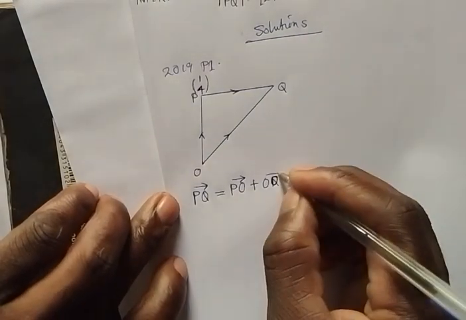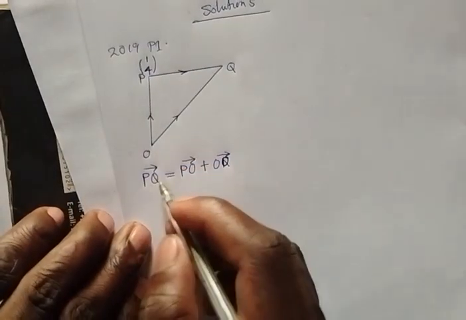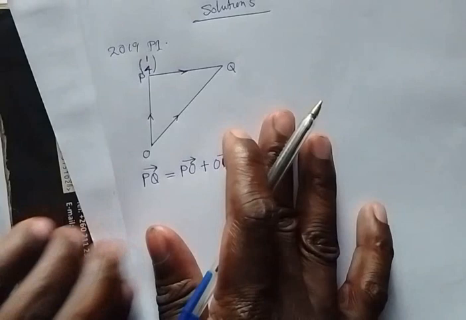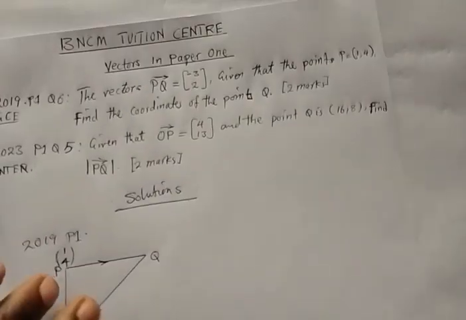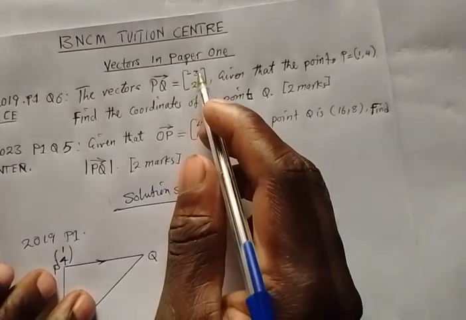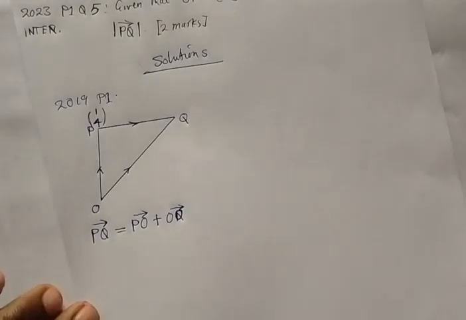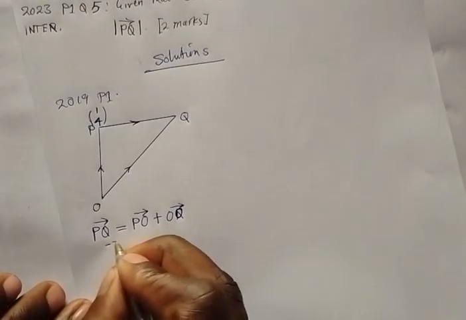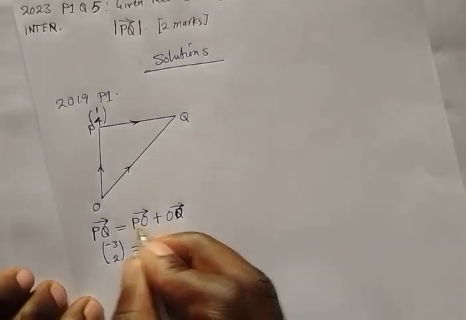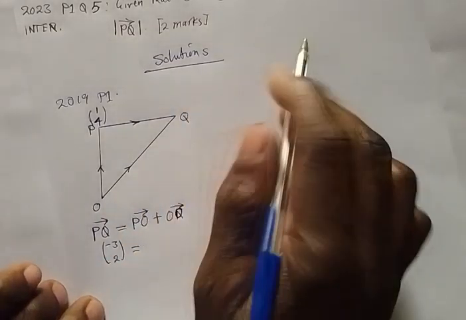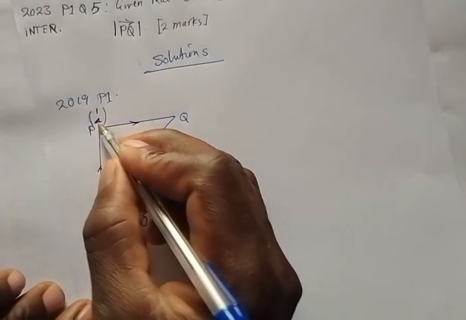After I have written this, we are given PQ as (-3, 2). So we write PQ, which is (-3, 2), is equal to PO. For PO, we are given the point P, which is (1, 4).